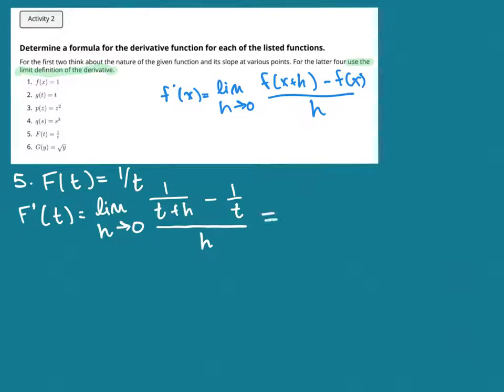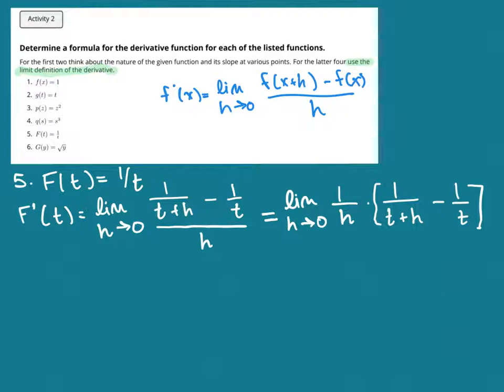The first thing that strikes me is I don't like all of these fractions upon fractions upon fractions. So the first thing I want to do is stop thinking about dividing by h and instead think about multiplying by 1 over h. So now I'm multiplying by 1 over h my entire numerator, which looks like 1 over t plus h minus 1 over t.